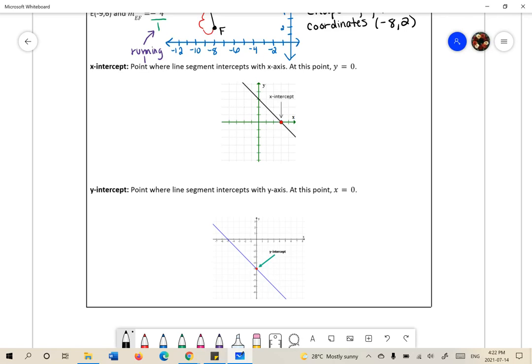An x-intercept is a point where the line segment intercepts with the x-axis. So along the x-axis, y is always equal to 0. And when your line segment meets the x-axis, we call that an x-intercept.